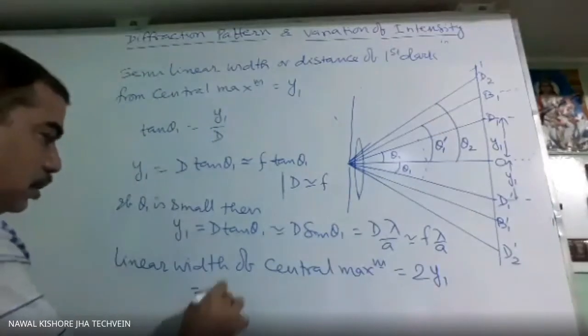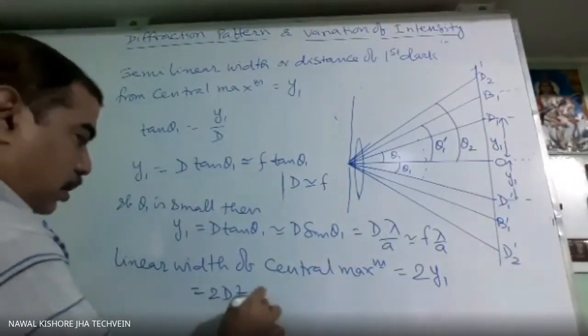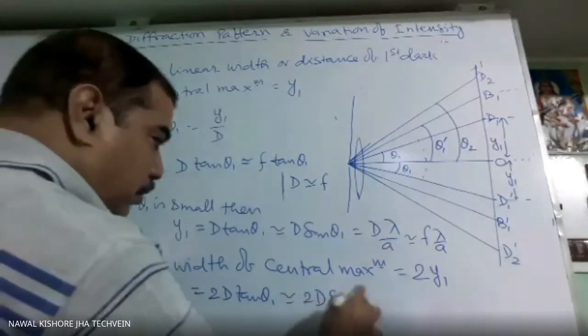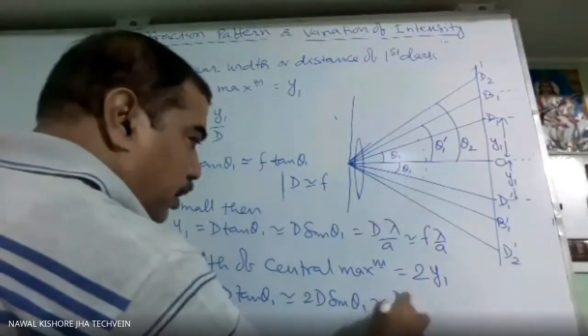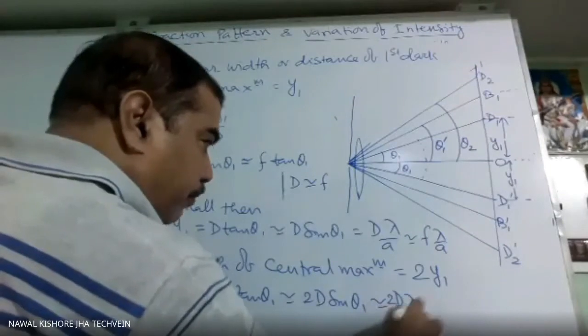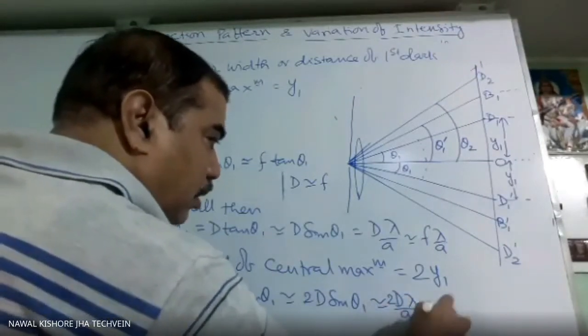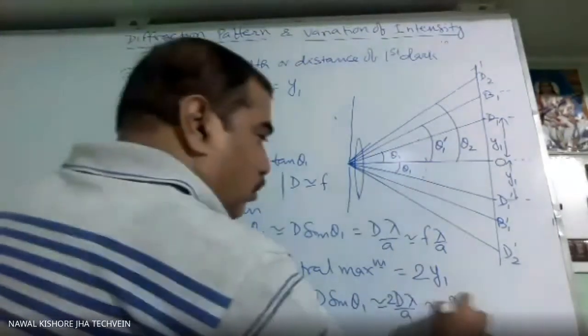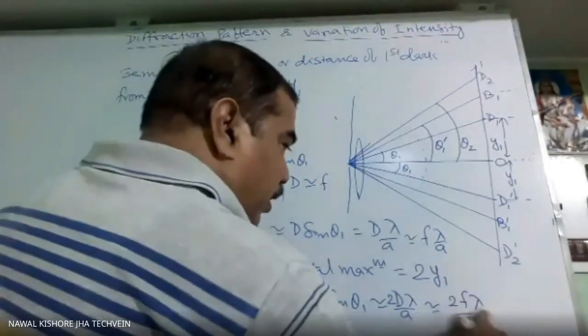So this is 2d tan theta 1, approximately 2d sin theta 1, approximately 2d lambda over a, or it is approximately twice f lambda over a.